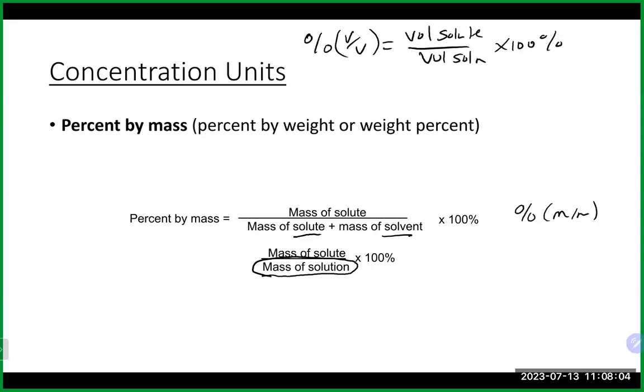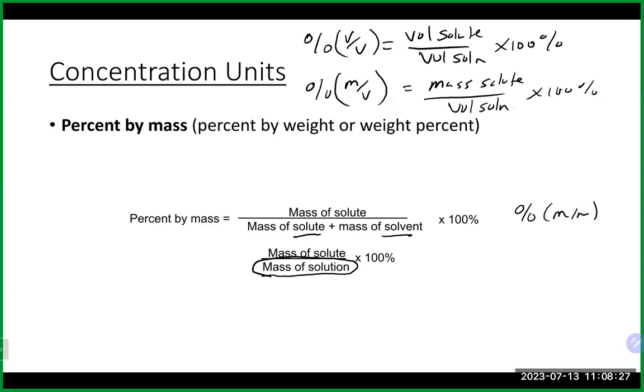That one, you don't usually have to worry too much about the bottom one because usually they'll just give you the volume of the solution. There's also percent mass to volume, which is the mass of the solute over the volume of solution times 100%. So these are 3 common sort of percent concentrations that are sometimes used for solutions.